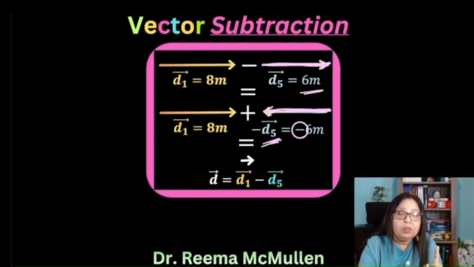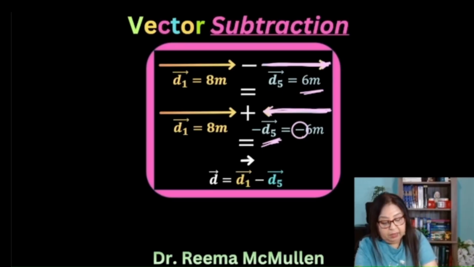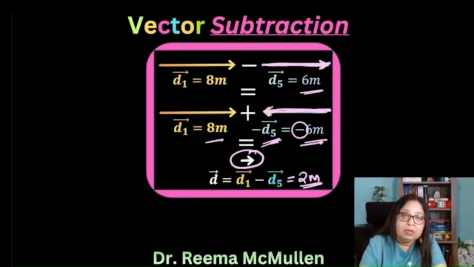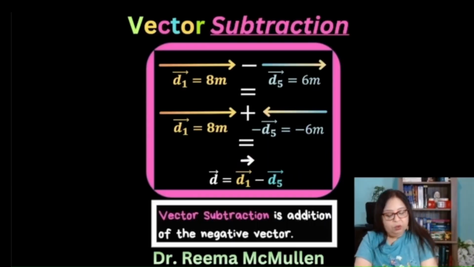And that is the only significance of the minus sign in case of vectors. And when you add 8 to minus 6, what do you get? 2 meters. So here's your 2 meters, D, going to the right. This is vector subtraction.